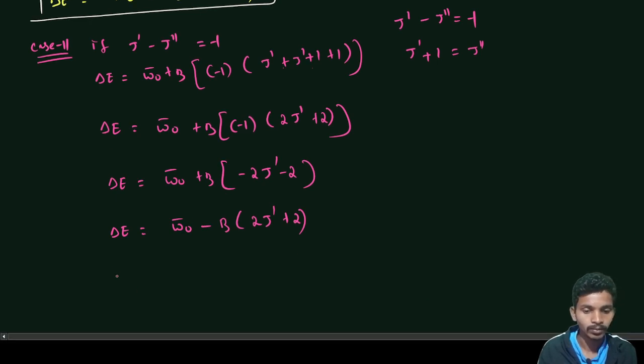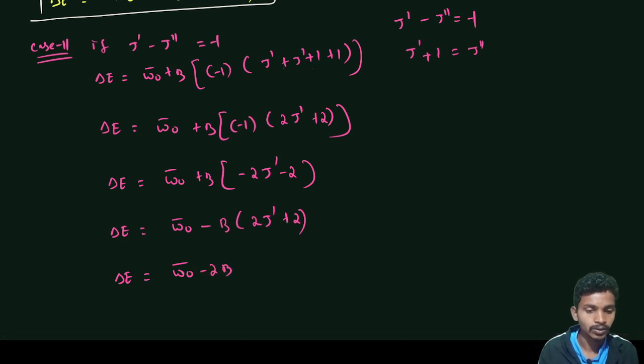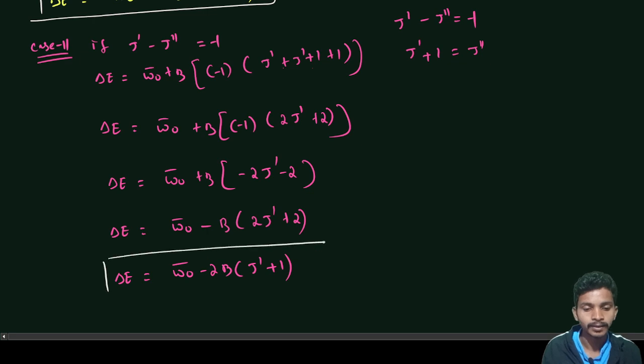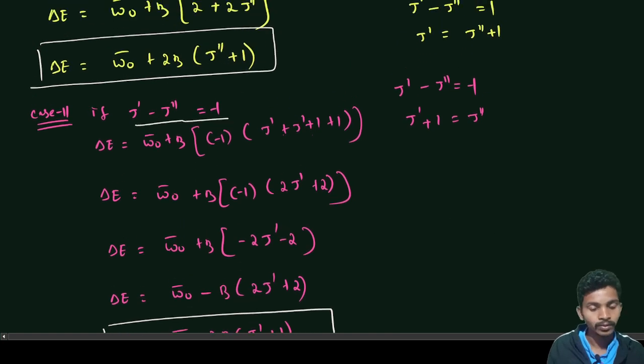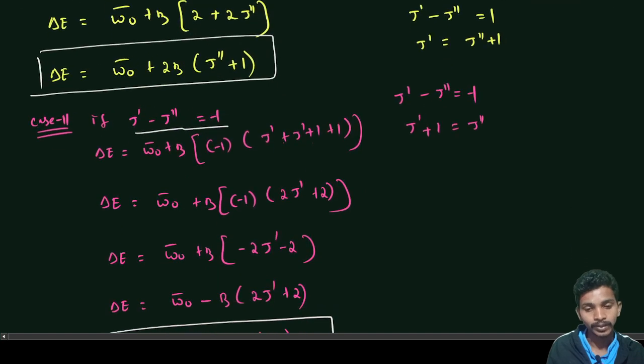So I can write delta E is equal to omega naught minus 2b, taking b common, times j dash plus 1. So this is case 2, when j dash minus j double dash equal to minus 1. So what do these two equations mean?